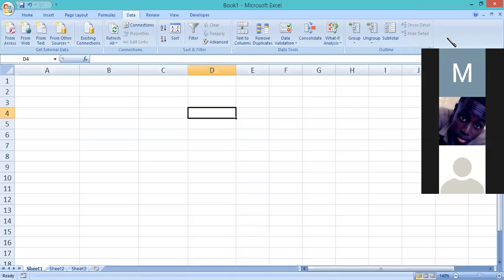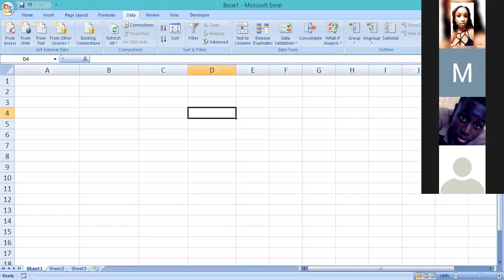Katrine. Yes, Miss. Tell me a function. A function for what, Miss? Any function. We do lots of functions. Just tell me one. Tell me one Excel function.